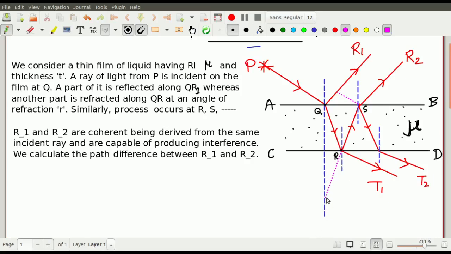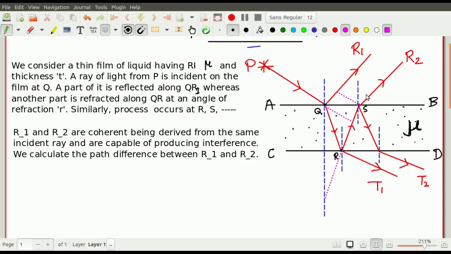Yes, now it seems to be better, and I need to draw another perpendicular also, over here. They are not parallel actually.